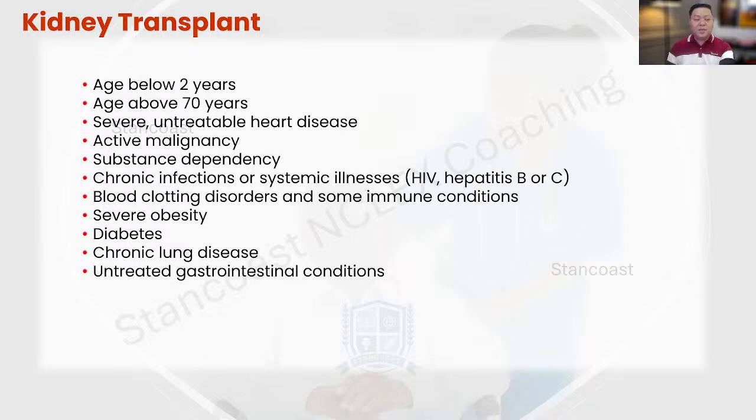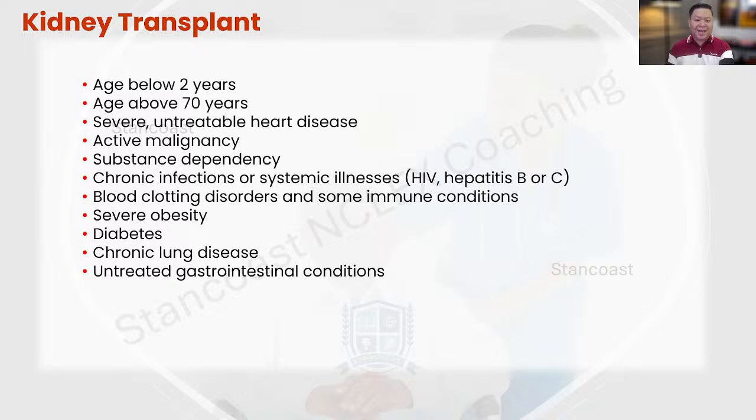Now, another thing would be chronic lung disease, because these problems can lead them to develop breathing issues during and also after the surgery, and this will make their recovery much harder and increase their risk of developing more complications. Now, another thing is untreated gastrointestinal diseases. So I'm referring here to peptic ulcer disease, or PUD.